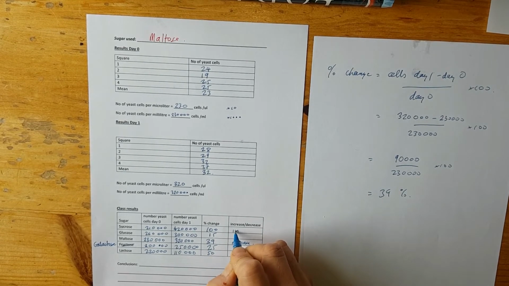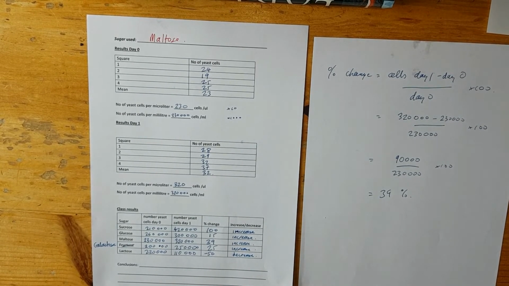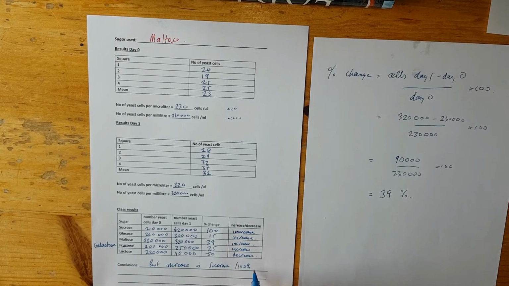These were increases. And my lactose was actually decreased because that went, and that was minus 50. So that was a decrease. So my conclusions for this is, which gave the best increase. So best increase is sucrose, because that was a 100% increase.